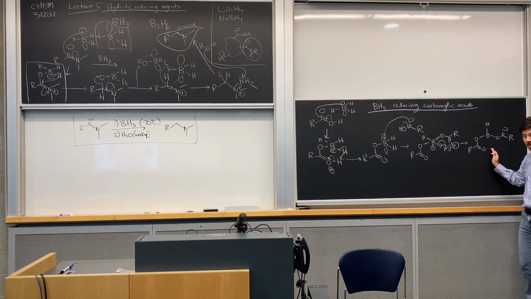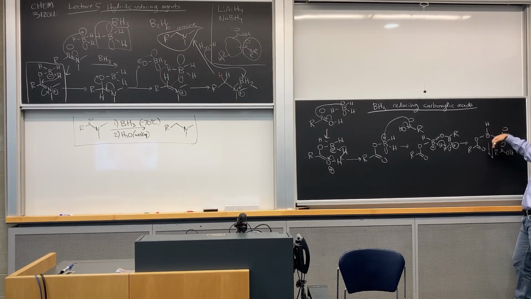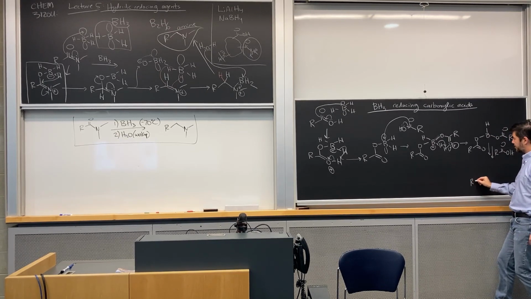So I think you can see the pattern. Now we're losing one hydride unit at a time. So another carboxylic acid molecule is going to come, and the bridging oxygen is going to complex with this, and you're going to get acid-base chemistry. The steps are identical, so I won't draw how that mechanism occurs, but it's exactly the same thing.